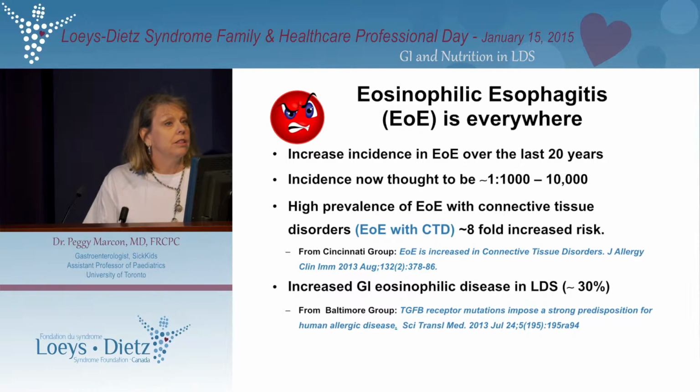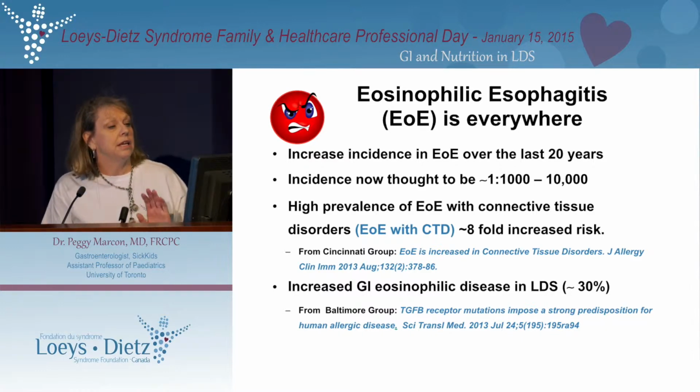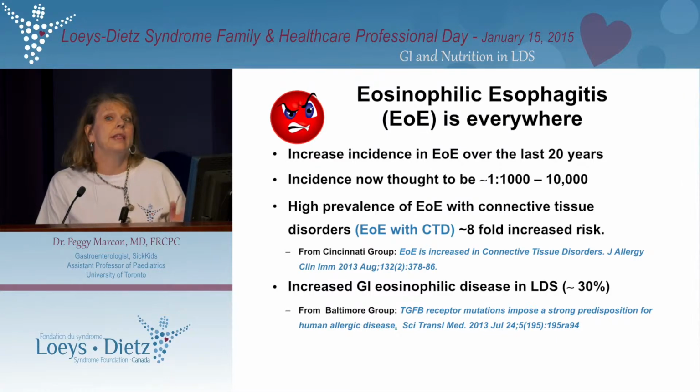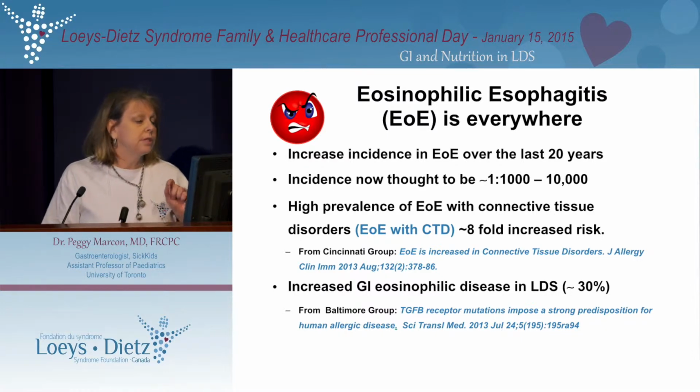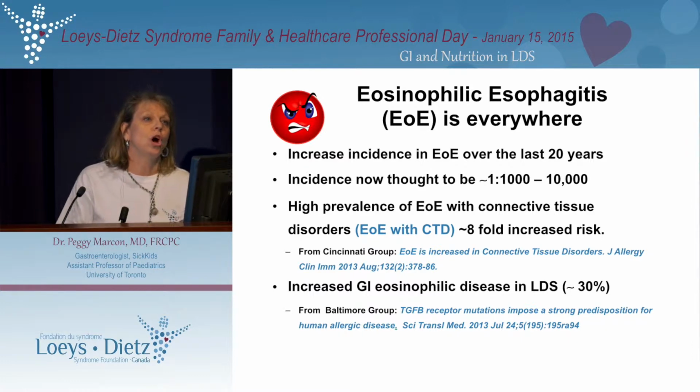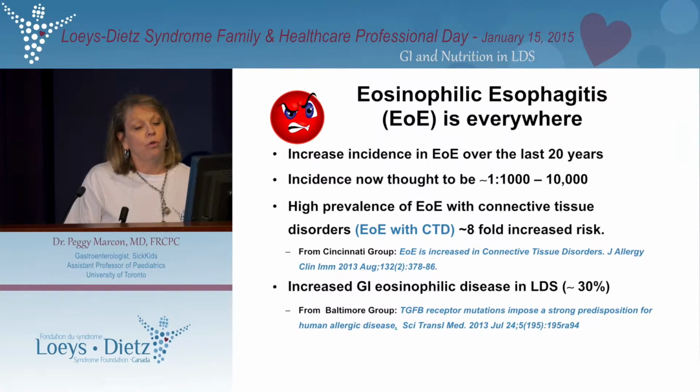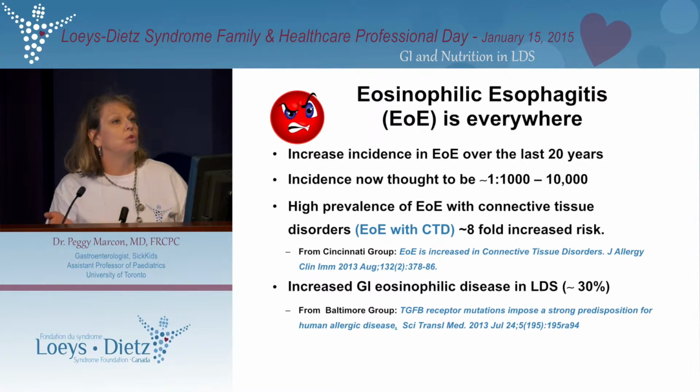So now we say that in the population, you can see eosinophilic esophagitis anywhere between 1 in 1,000 to 1 in 10,000 people. So this has really changed. But if we look at people with connective tissue disorders, based on some recent work out of Cincinnati that has a very large eosinophilic clinic, there appears to be an 8-fold increase across the board in people who in addition have some type of connective tissue disorder.